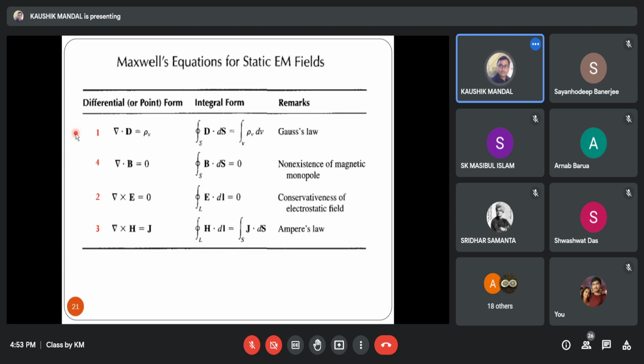That requires at least one class. Faraday's equations, boundary conditions, and Maxwell's equations for time varying fields will require one class. For electromagnetic wave propagation, I need another one or two classes. So in total I need a minimum of 2 classes and a maximum of 3 classes.